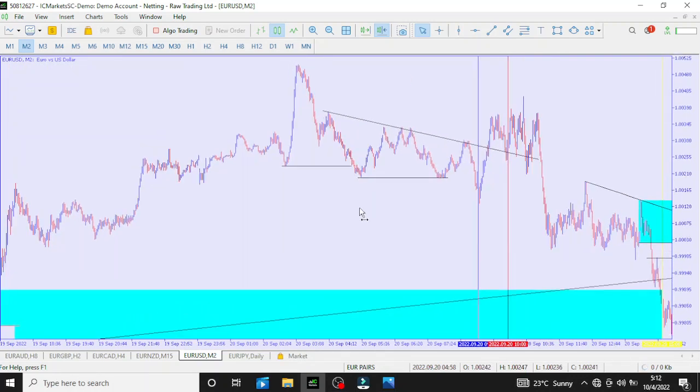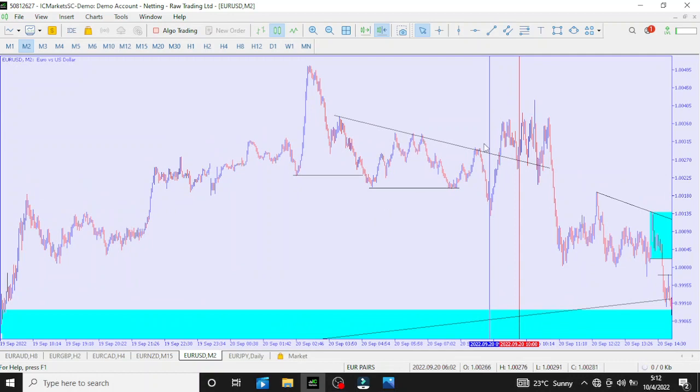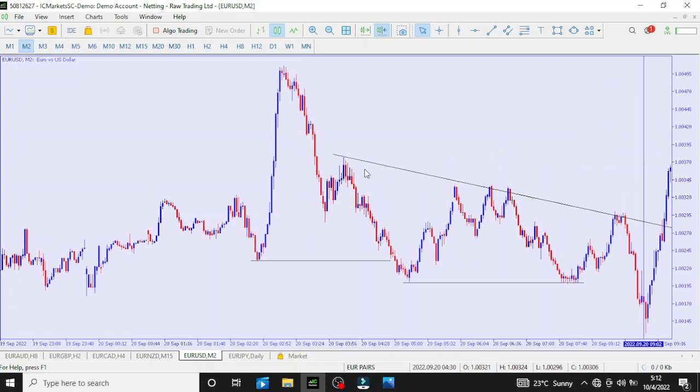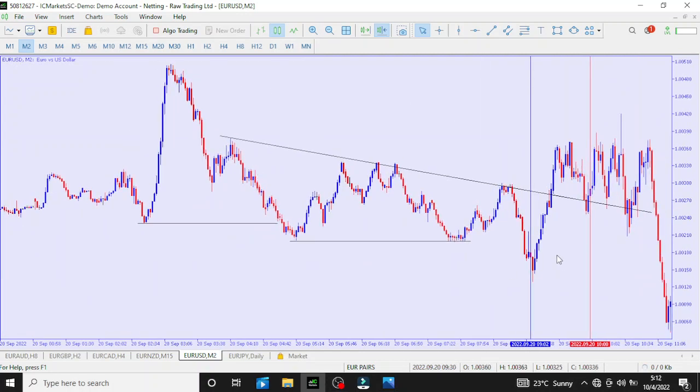Today's trade breakdown, or this trade breakdown, is on this price action. You see around this area, Frankfurt open.